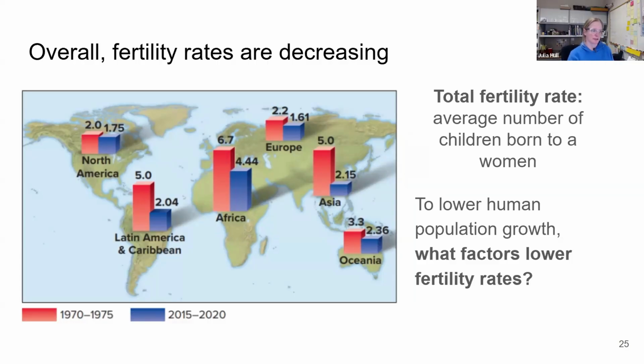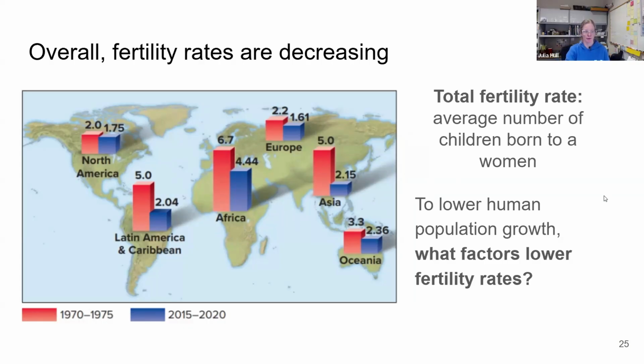And in all cases, we can see a drop. We see our biggest drops in Latin America and Asia. Africa still has a pretty high total fertility rate. Most parts of the world are near or below the replacement value.